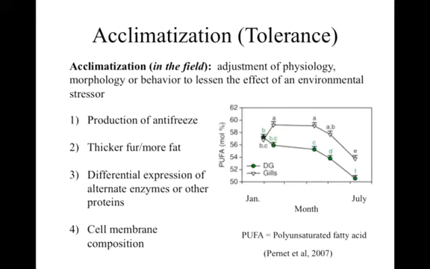And then finally, we can have changes in cell membrane composition. So as you change temperatures, particularly as you get colder, cell membranes tend to get more solid and stiff. And so what you want to do is you want to maybe avoid that, and so you can actually change the chemical composition of the membrane, typically by adding polyunsaturated fatty acids that make it more sort of floppy and more liquidy at cold temperatures.